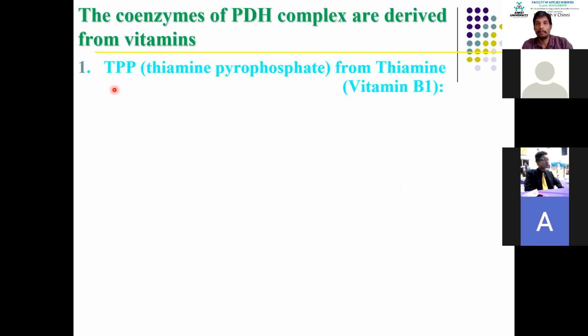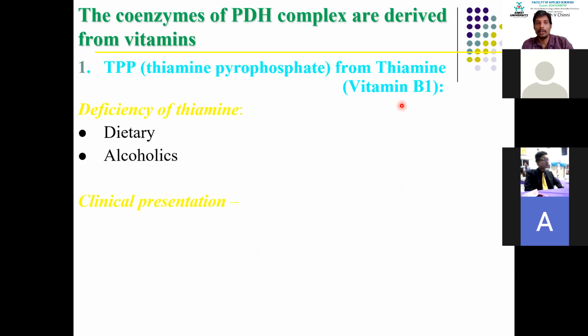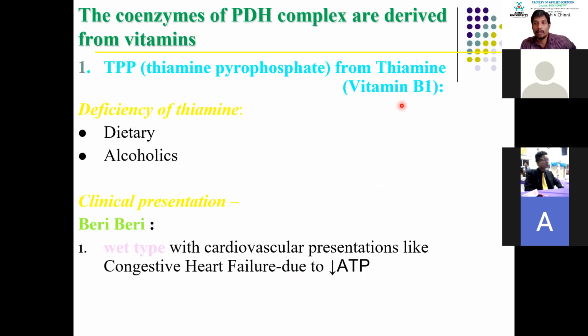So thiamine pyrophosphate is coming from thiamine, which is vitamin B1. The deficiency of thiamine, due to diet or alcoholism, will lead to beriberi, which is the wet type with cardiovascular presentations like congestive heart failure due to the low ATP.